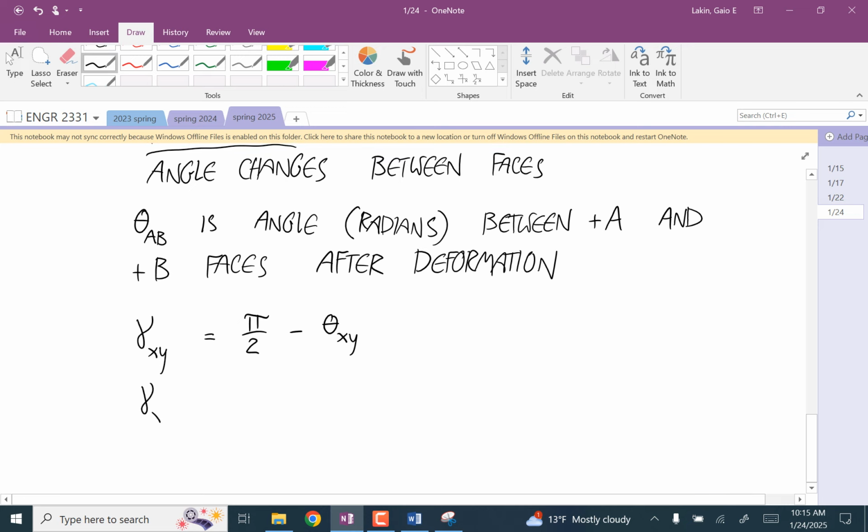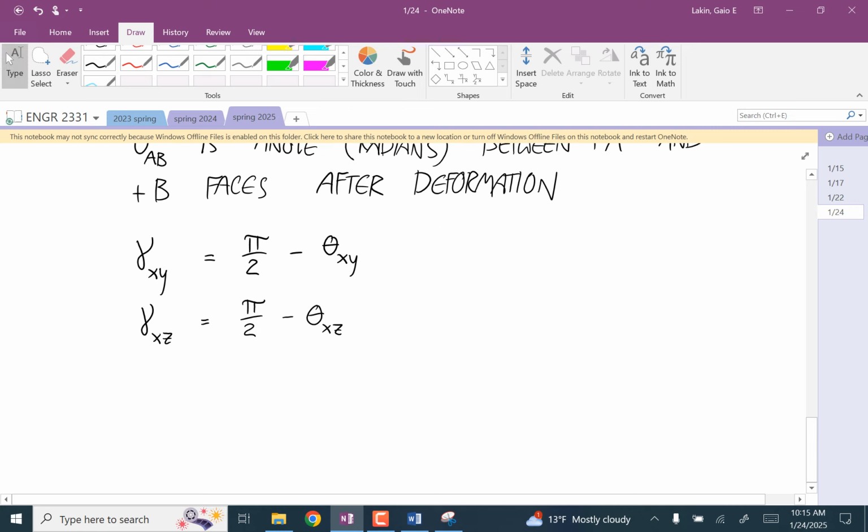Gamma xz is pi over 2 minus the final angle between the positive x and z faces. And gamma yz is pi over 2 minus theta yz.